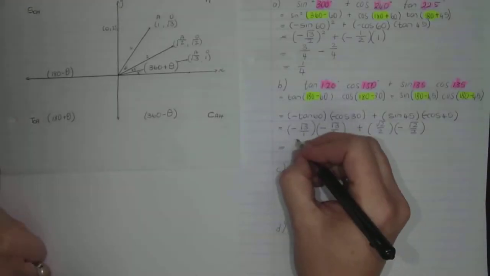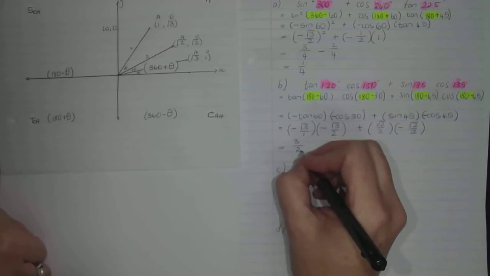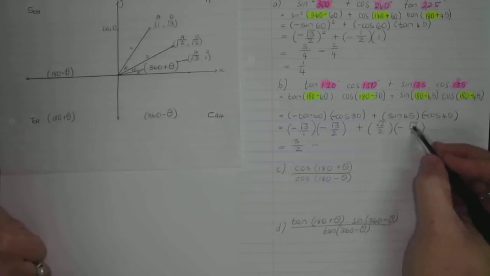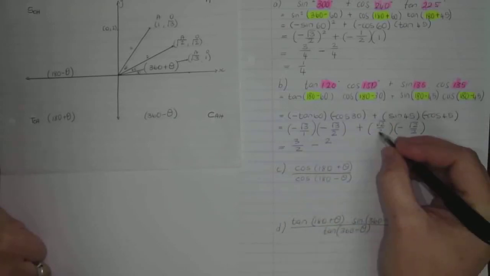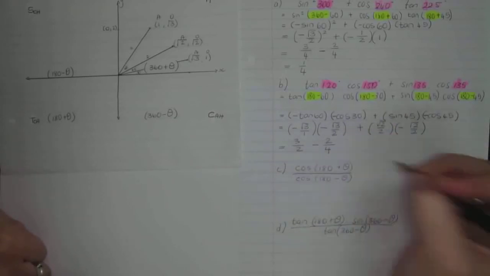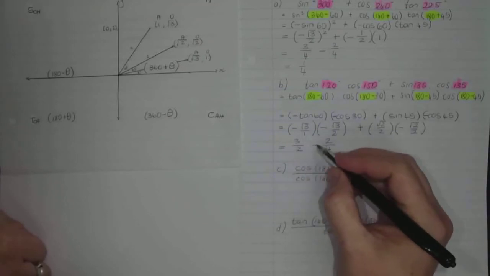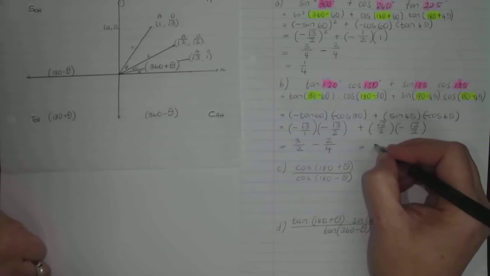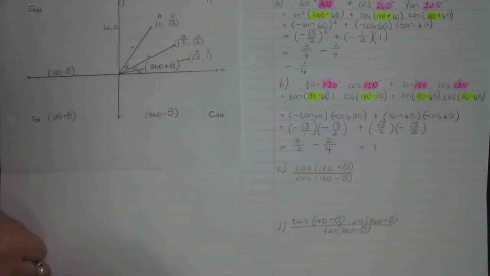Square root 3 times square root 3 is 3. 1 times 2 is 2. A plus and a minus is a minus. Square root 2 squared is 2. 2 times 2 is 4. So it's 1.5 minus a half is going to give me an answer of 1.